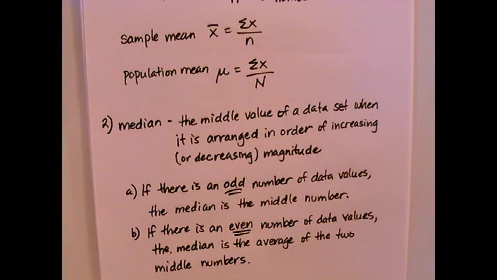So for the median, if you have an even number of data values, you take the average of the two middle numbers.